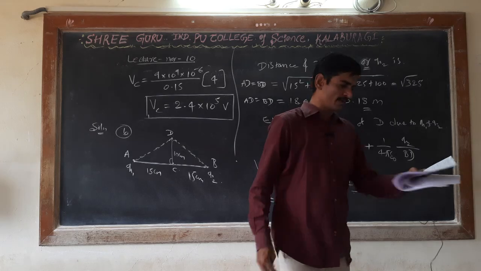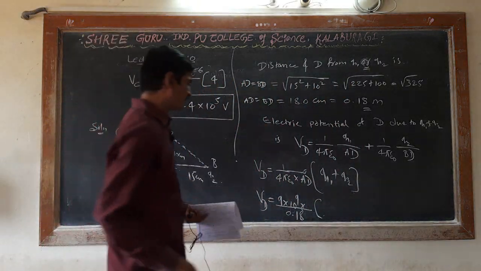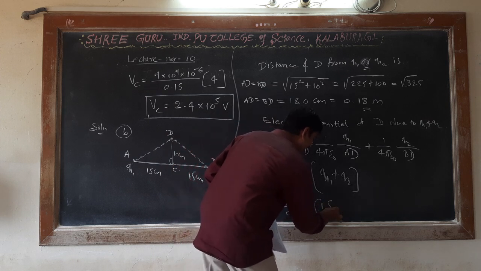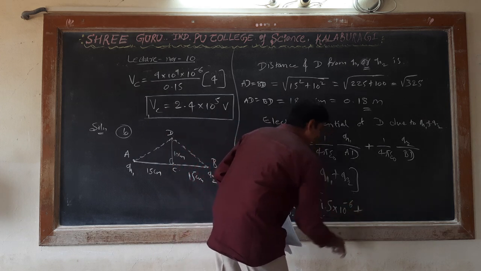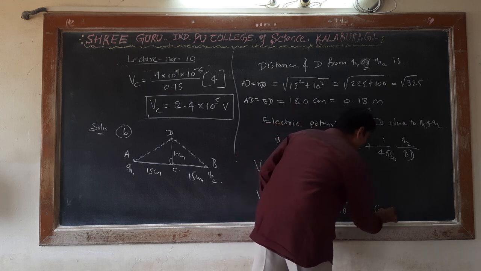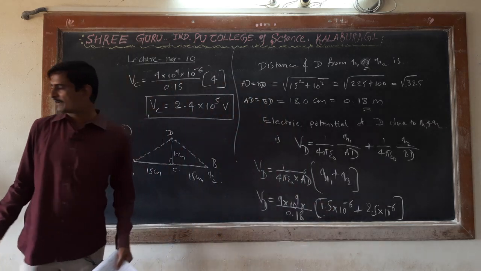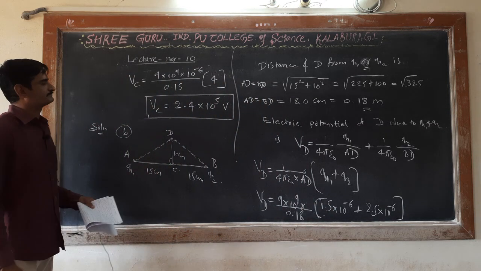What was the value of Q1? Q1 is 1.5 microcoulomb, that is 1.5 into 10 to the power minus 6, plus Q2, 2.5 into 10 to the power minus 6. Now simplify this one and get the answer.